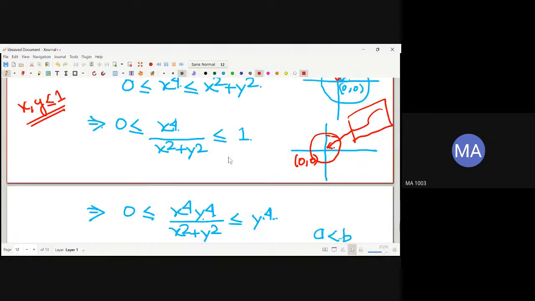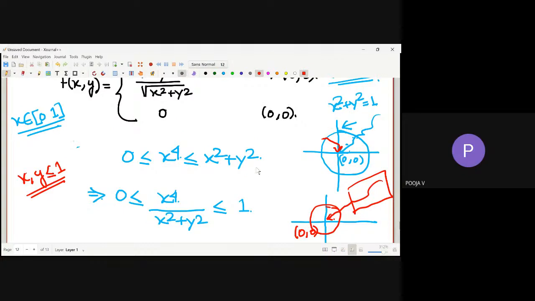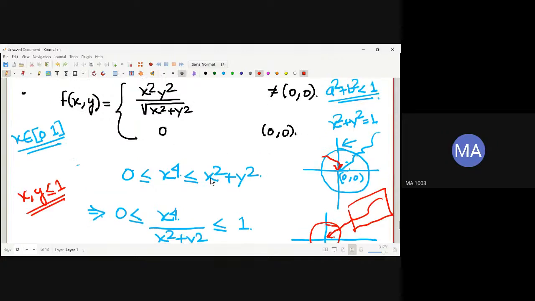Here we are actually not choosing any path; we are proving the limit exists. When you have to show that the limit doesn't exist, you start with two different paths, and you have to show the limits along them are different. In that case you can show that the limit doesn't exist.